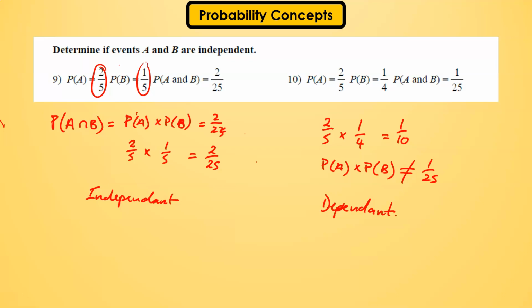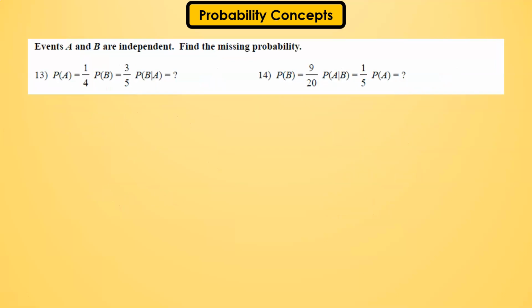Sometimes in questions they may ask you to get that information from a table, or it might be a paragraph or something like that, but it's about identifying that test of independence. Likewise, you might get a question where you're told that these are independent, so you need to find the missing probability. So we have to think about what the rules are for independence.